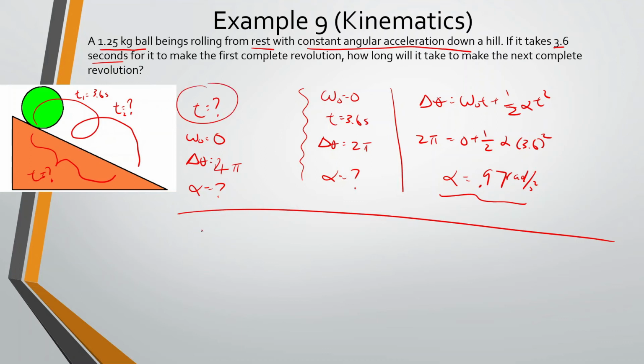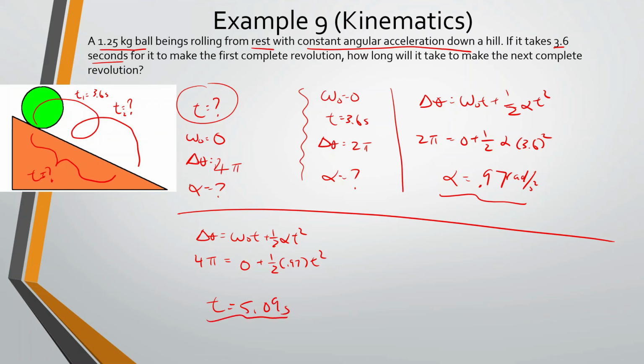So I know displacement equals omega initial t plus 1/2 alpha t squared. This is going to be 4 pi equals 0 plus 1/2 alpha, which we found was 0.97, times t squared. So 4 pi times 2 divided by 0.97, we get the time, which is 5.09 seconds.